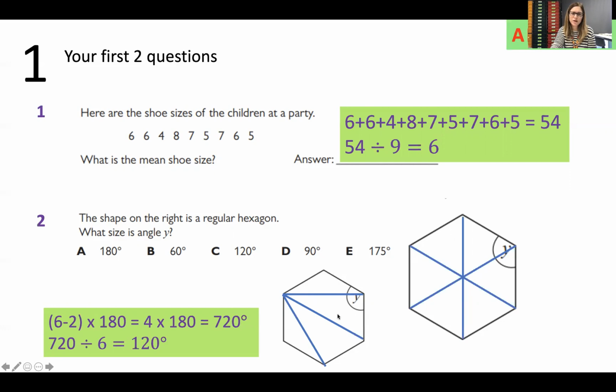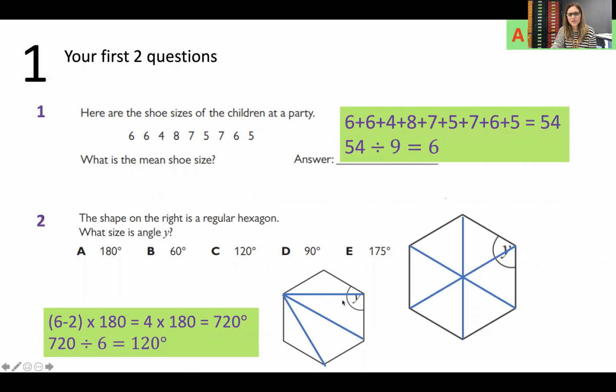I've got 4 triangles, and therefore the sum of all of my interior angles in my hexagon is 720. There's a rule that you learn for this, n subtract 2, where n is the number of sides, multiplied by 180 gives us our 720. But the understanding that goes behind that, that 4 is our 4 triangles here.